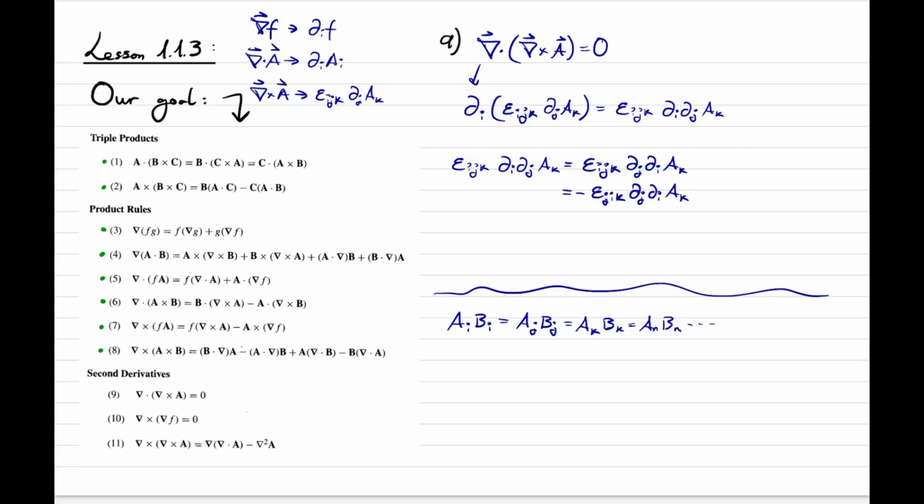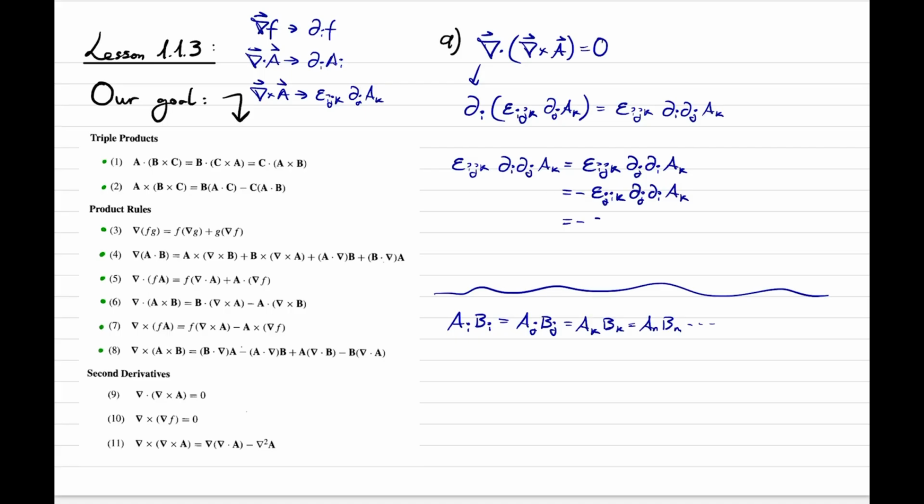So dummy indices are just labels. We can change the letter to anything. So here we can change the labels. Be careful, we are not changing indices or swapping indices. We are changing the labels. So we can change the label j for i and the label of i for j.